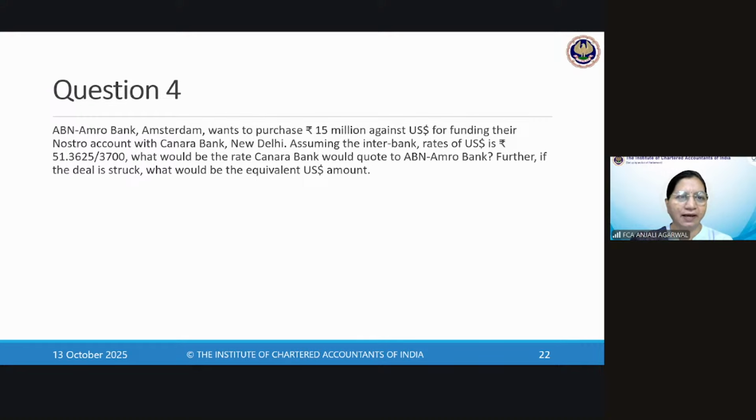So ABN AMRO Bank, Amsterdam, wants to purchase rupee 15 million against US dollar for funding their Nostro account with Canara Bank, New Delhi. New Delhi is the capital of which country? India. Great. Good. Okay.